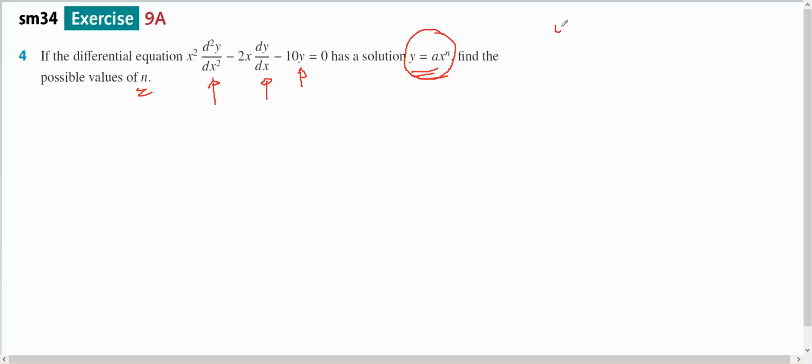So y equals ax to the n, therefore dy/dx will equal anx to the n minus 1. And the second derivative will equal an times n minus 1 times x to the n minus 2.